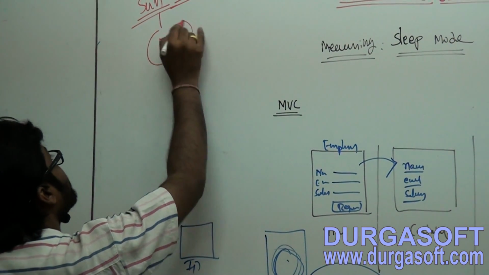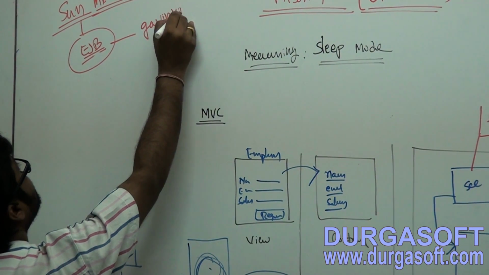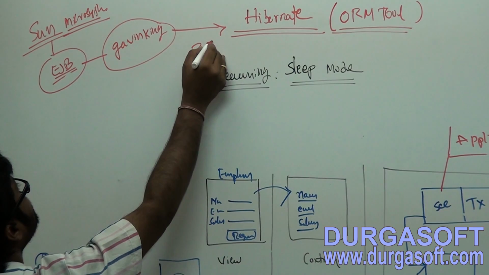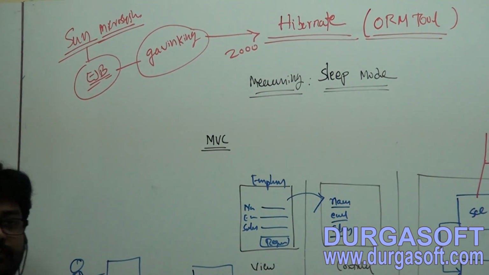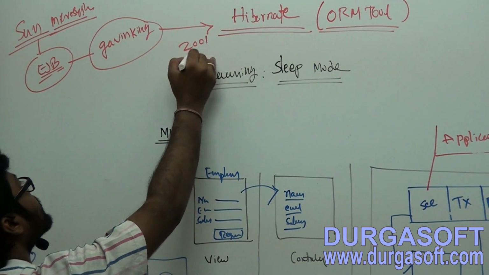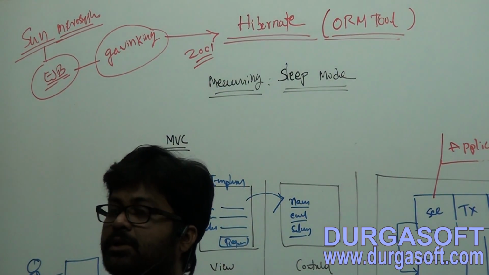So this EJB team developer, Gavin King, designed the tool Hibernate. He released it in the year 2001. The tool name is Hibernate.